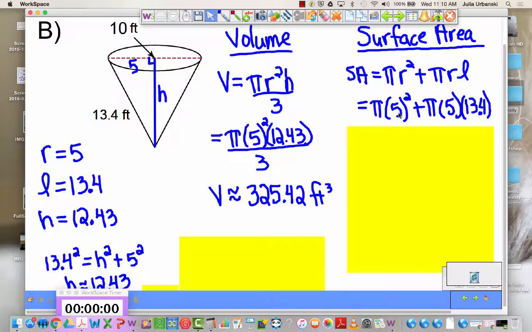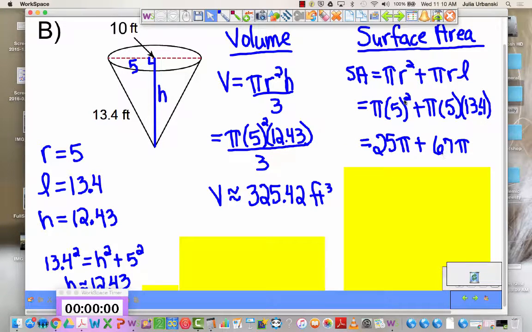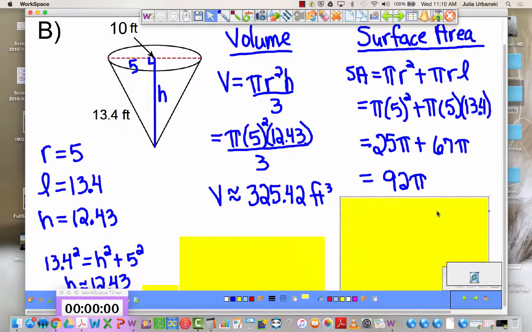So 25 times pi is my first part. What is this if you just do 5 times 13.4? Just multiply the numbers. Good, 67 pi. So you got 25 pi and you got 67 pi. Those are like terms, so turn it all into 92 pi.